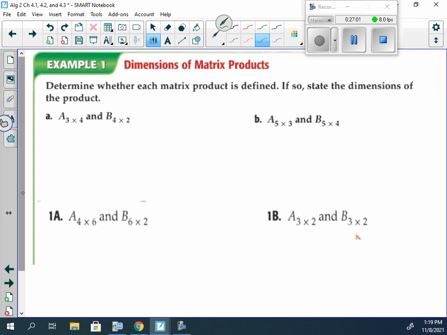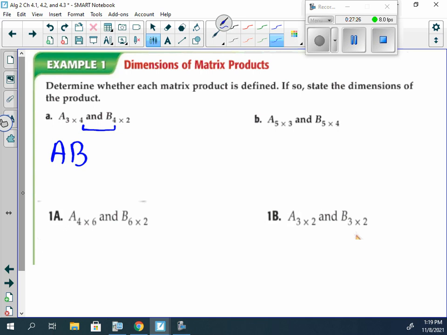Let's look at this here. So we want to do A times B. Columns of the first and rows of the second, do they match? Because they're both 4, yes? So the second number of the first and the first number of the second are both 4 and 4.